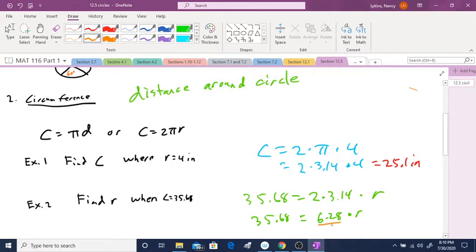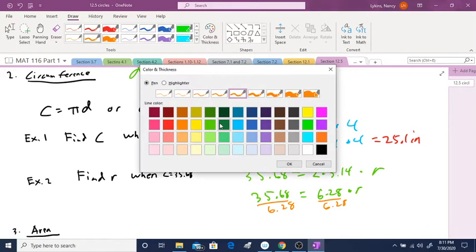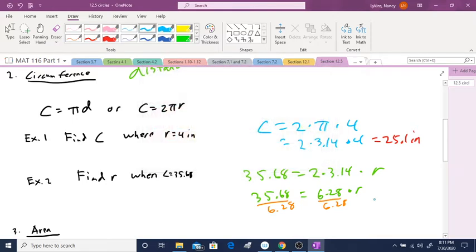Then I want to divide it. So my radius comes out to be 5.68, and I've got some numbers after that.